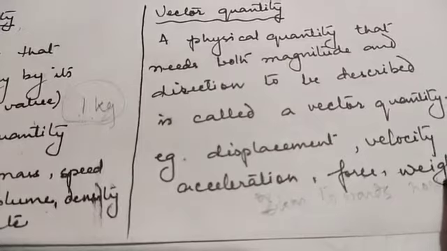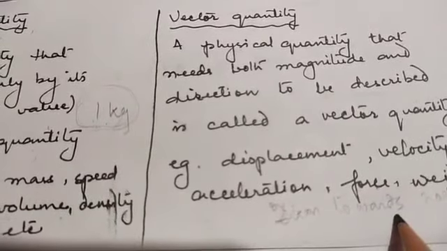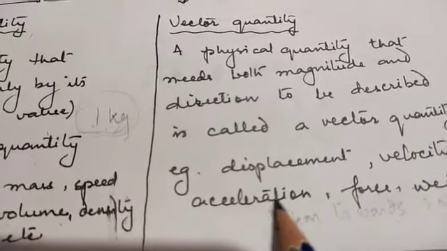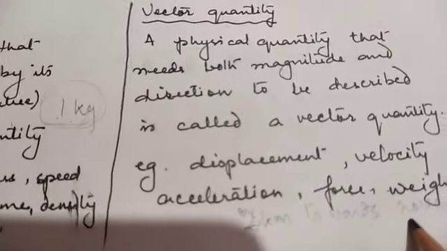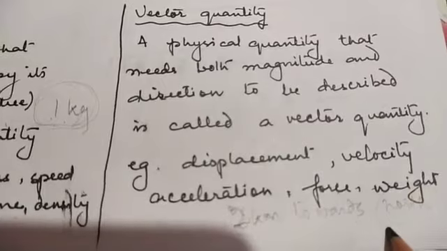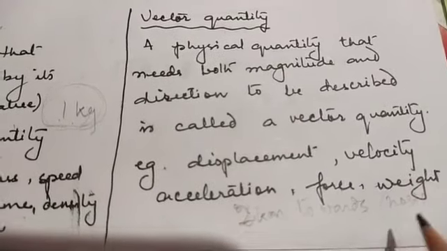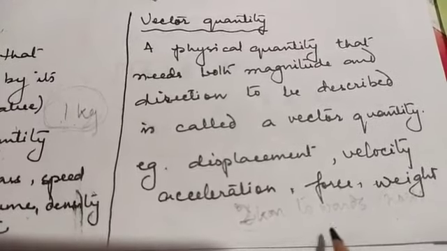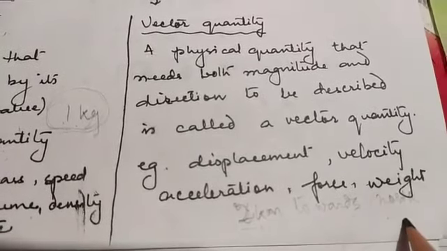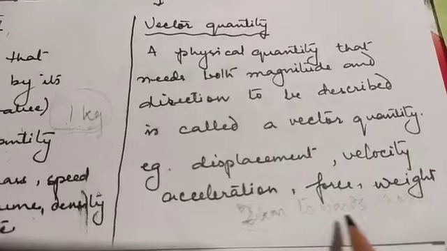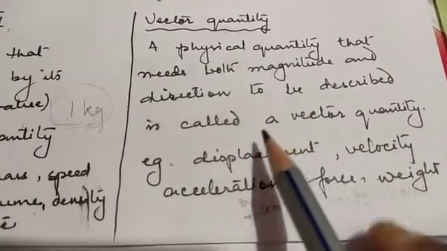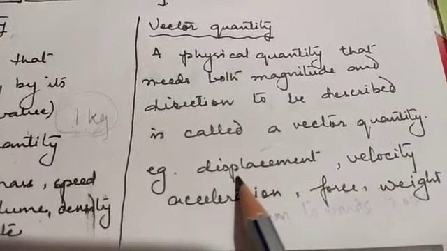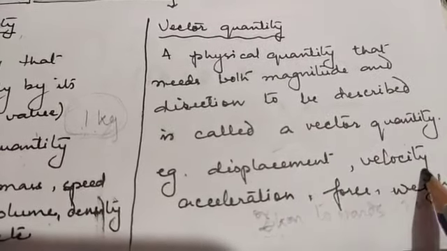If I say I am walking 2 kilometers towards north, means here I have given both magnitude and I am giving the direction also. So when a physical quantity needs both magnitude and direction, it is said to be a vector quantity. Examples are displacement, velocity, acceleration, force, weight.